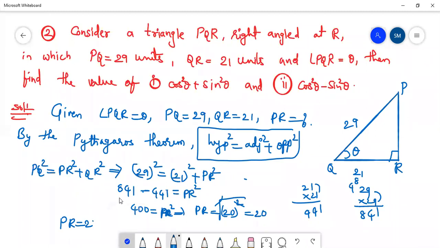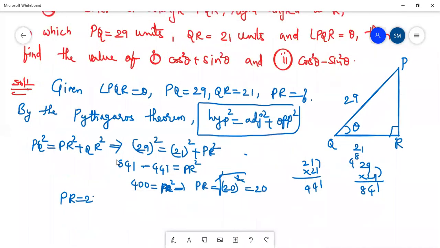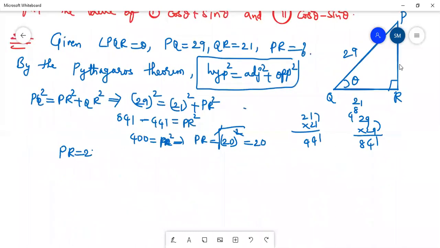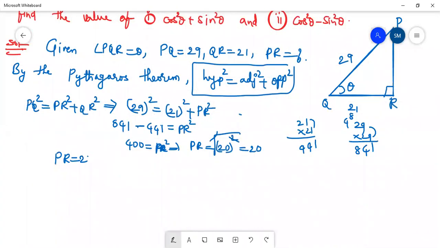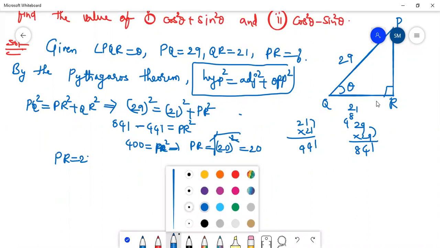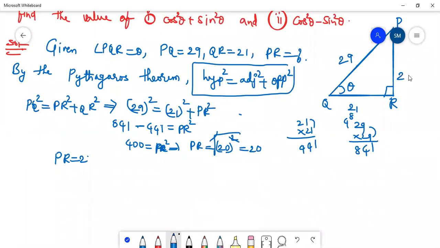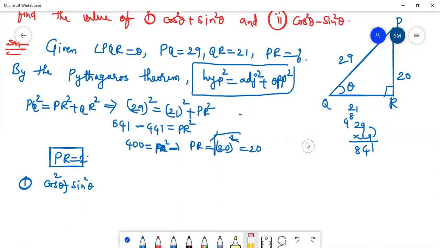From this, we can write here PR equal to 20. To find the first one, cos square theta plus sin square theta, from this relation we can find out the ratios.